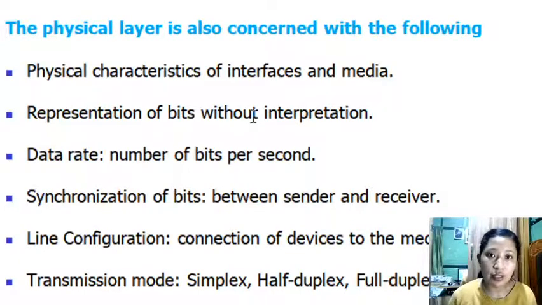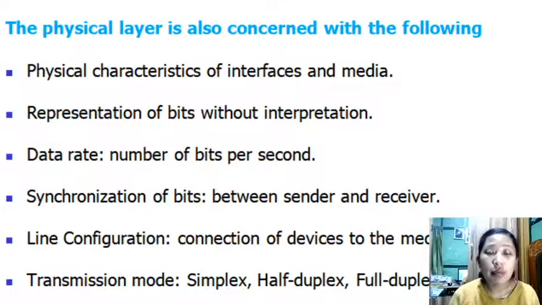Otherwise, if it is low, that particular bit will be missed by the receiver. So the sender and the receiver have to be synchronized at the bit level, which is ensured by the physical layer of both the sender and receiver computers. The next function is to define the type of line configuration.